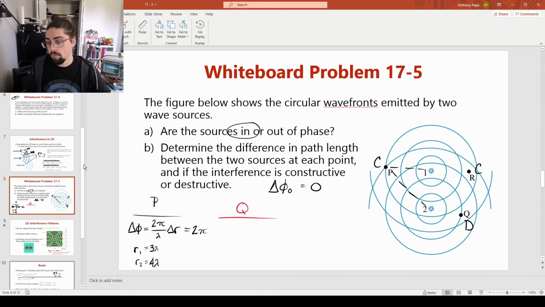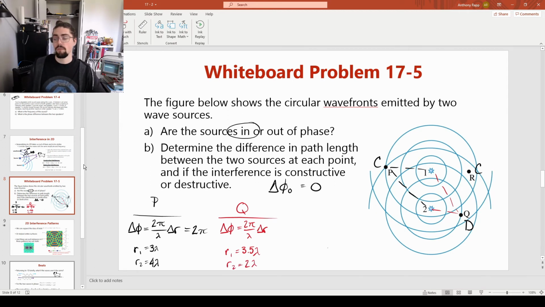Now, let's mathematically prove that Q follows in a similar vein. If I'm looking at Q, the phase difference is, of course, again, 2 pi divided by lambda times delta R. I need to find these two R's, though. R1 is 1, 2, 3.5 lambda. R2 is 1, 2.